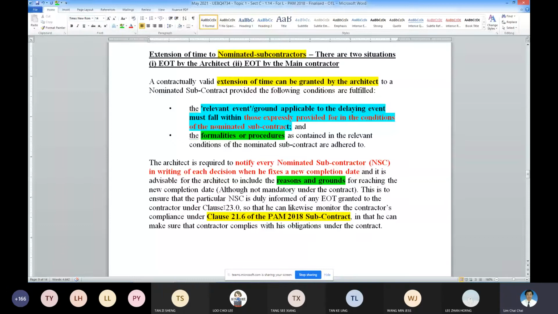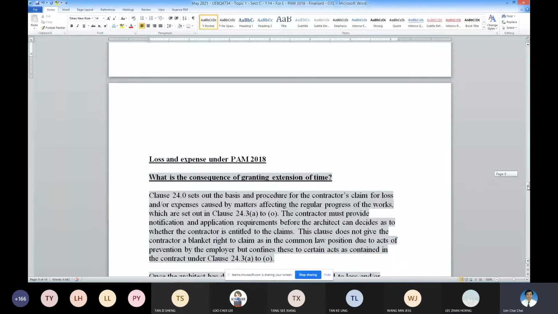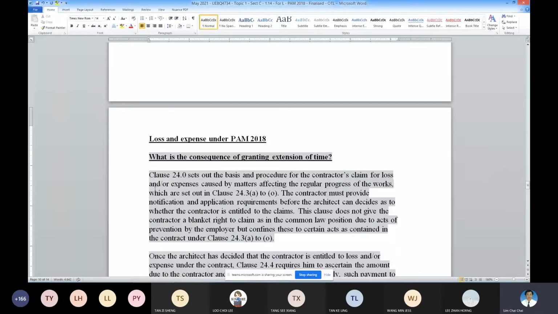Once granted, the NSAs can reprogram their work, so that the obligations under the contract, whether the main contractor's or the NSAs', can be complied with. So this is how the NSA items on EOT work. It is exactly the same as the main contractor, but the clause references or documents are different.